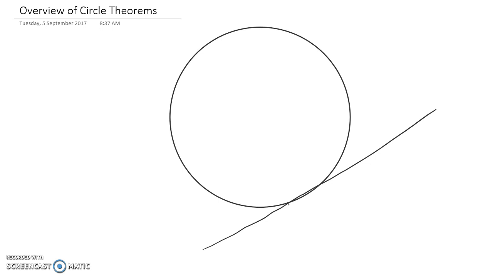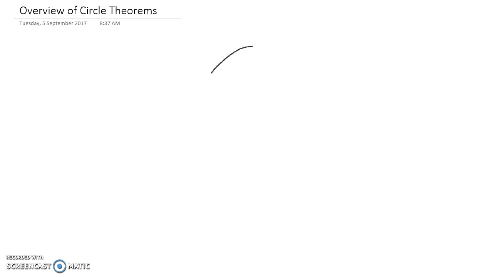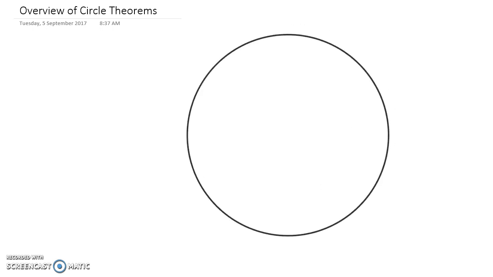So let's say that our point of contact is over here, and I just mucked it up a little bit. Let's see if I can get this right. Okay. So let's say our point of contact is this point over here. Let's draw a tangent. So we've got the tangent. Let's draw a chord. So there's our chord through the circle. We're saying the angle made by a tangent to the circle with a chord drawn from the point of contact.